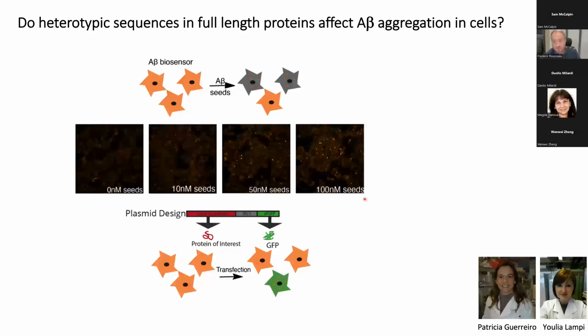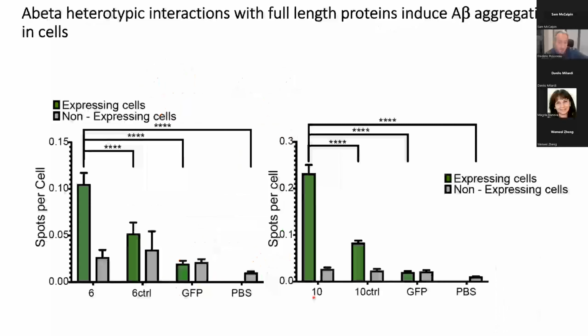And what we did next was we first transfected full-length proteins containing a short homologous sequence to A beta, and then looked at what happened. In fact, several of those could initiate A beta aggregation just by being transfected in the biosensor line.